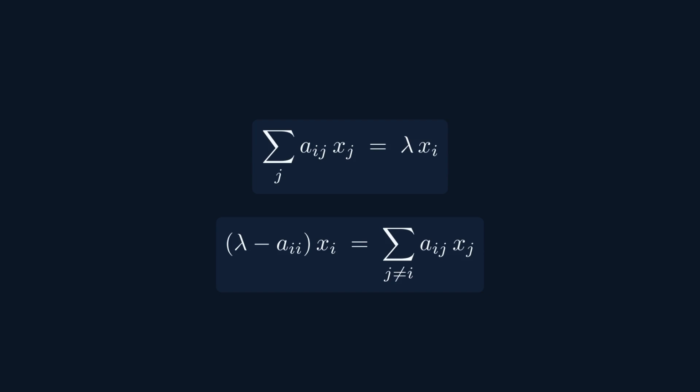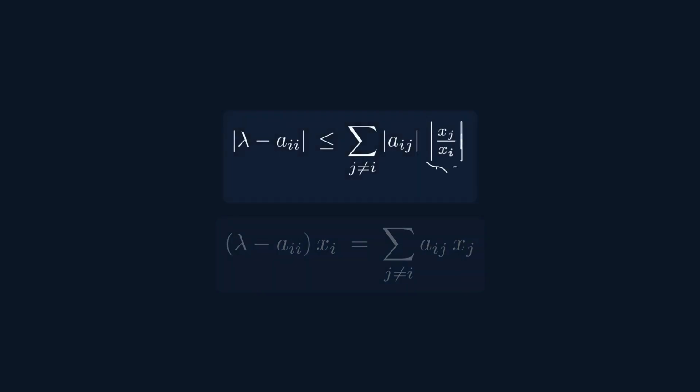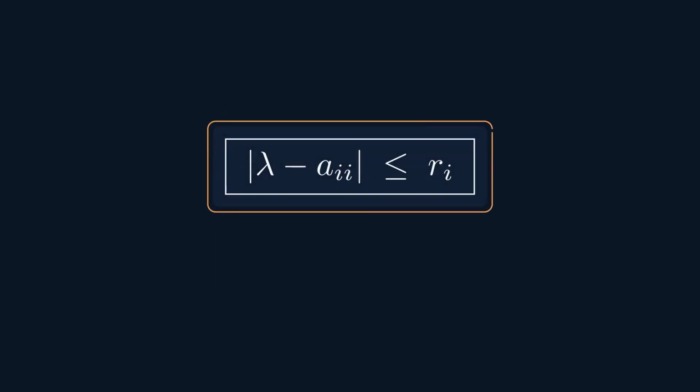That gives you lambda minus a_ii times x_i equals the sum over j not equal to i. Divide by x_i and take absolute values. Every ratio x_j over x_i is at most 1 by our choice of i, so the sum is bounded by r sub i. And you are left with the absolute value of lambda minus a_ii less than or equal to r sub i. The eigenvalue lives inside the disk around a_ii. That's the whole proof.